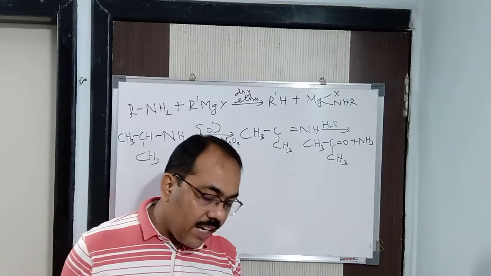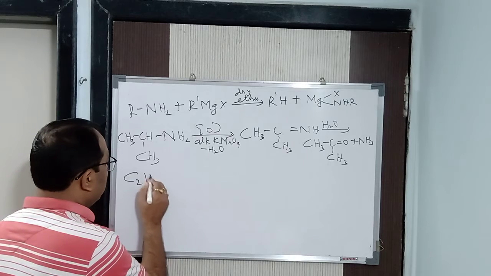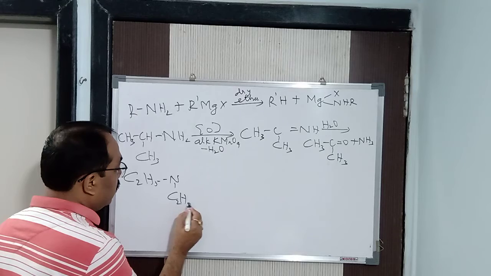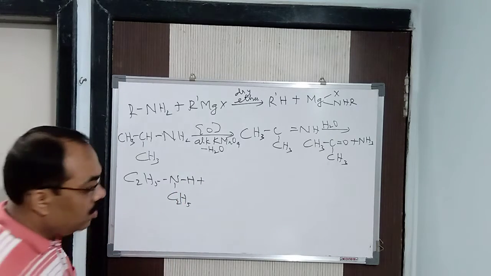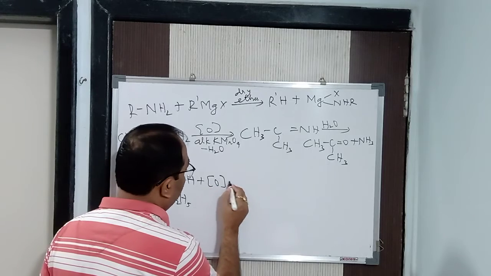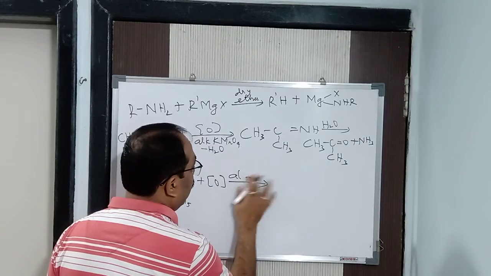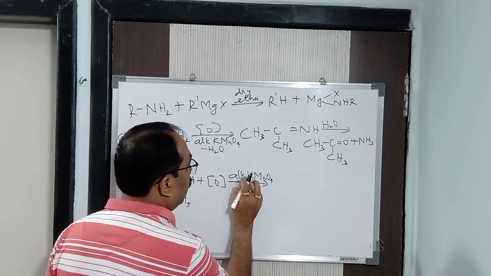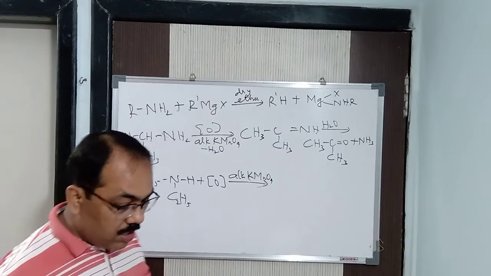Alright. Now secondary amines, if I take it, what is going to happen? Secondary amines, C2H5NH C2H5. Plus nascent oxygen, which you will be getting from alkaline KMnO4, which acts as an oxidizing agent.